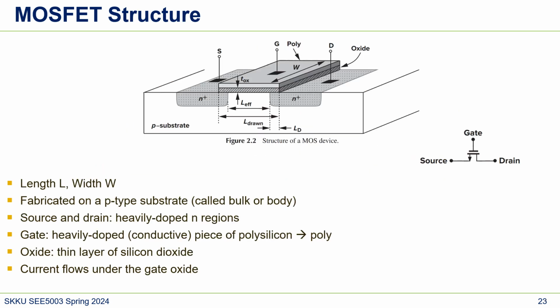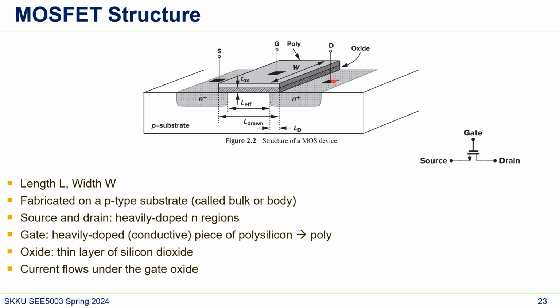We talked about the symbol of the transistor before. Now let's see how the MOSFET actually looks. This figure is also a simplified version of the transistor, but it looks similar to the real thing. Basically, you see there is a P substrate overall here.